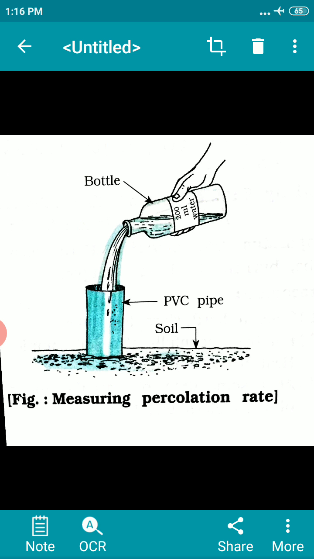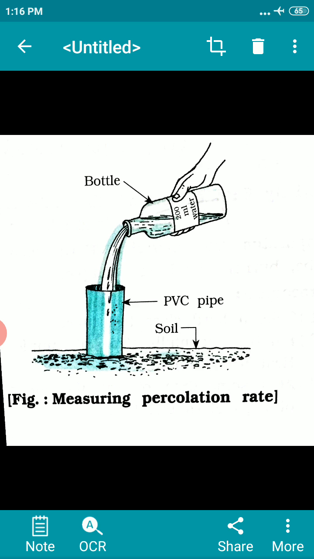At the place where you collect the soil, place the pipe about 2 centimeter deep in the ground. Pour 200 ml water in the pipe slowly. For measuring 200 ml water, you can use any empty 200 ml bottle. Note the time. When all the water has percolated, leave the pipe empty. Note the time again.